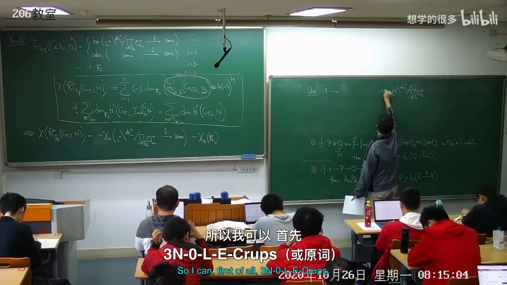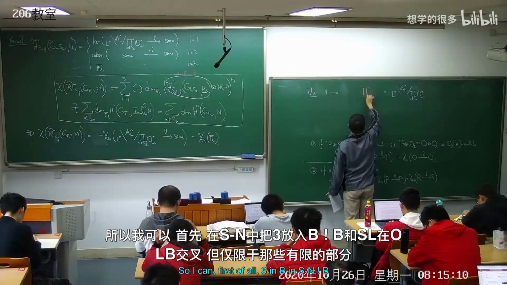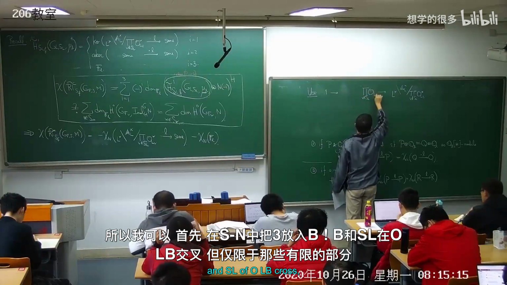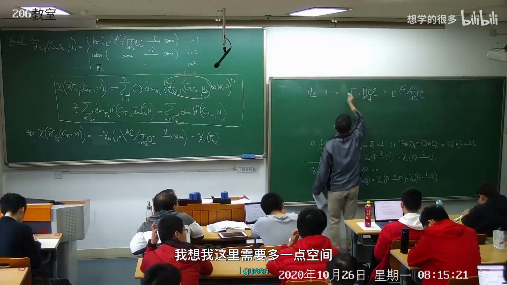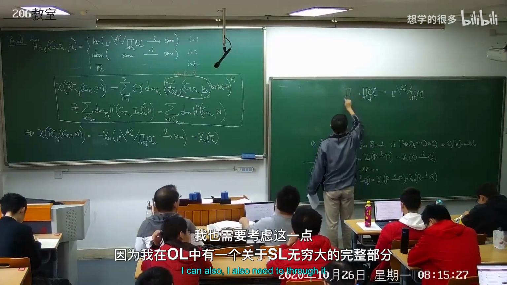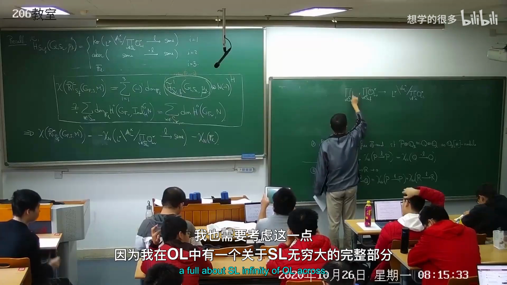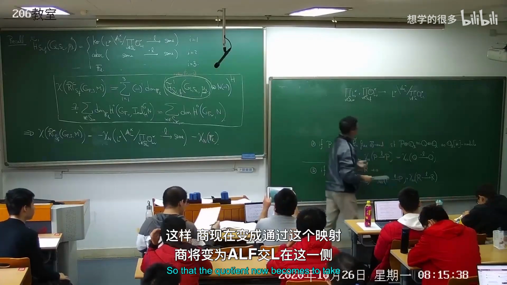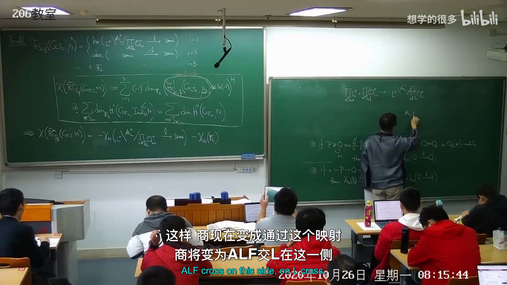First of all, throw in V in SL of OLV cross, but only those finite part. I also need to throw in, because I have a full SL, SL infinity of OL cross. I can throw this part into this. So that the quotient now becomes, if you take this map, A L F cross.